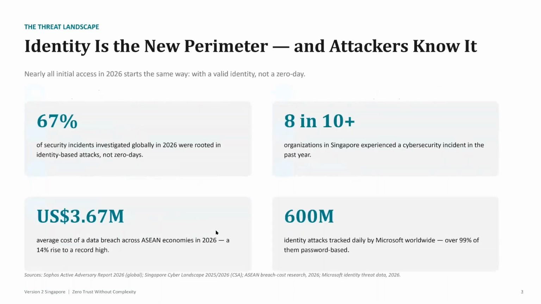So first of all, what is the problem? What happened? Okay, so identity now, in fact, is the new perimeter of attack that attackers know about. 67% of cybersecurity incidents are rooted in identity-based attacks.